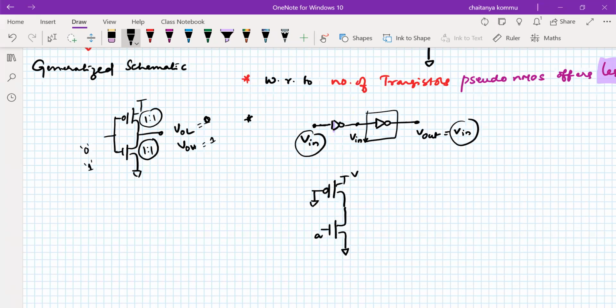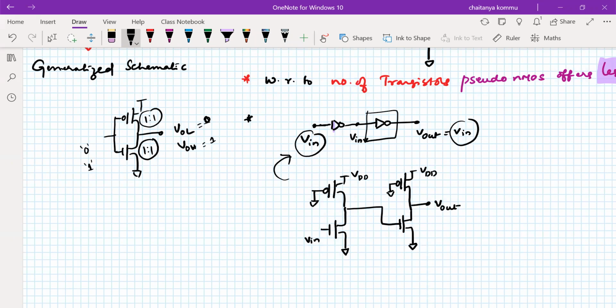This is, for example, Vn, and connect this as an input to another pseudo-NMOS, something like this. We will get an output called Vout. So two inverters are connected in cascaded fashion.